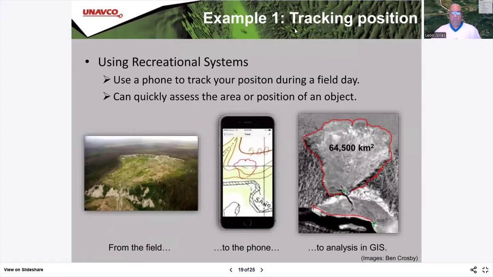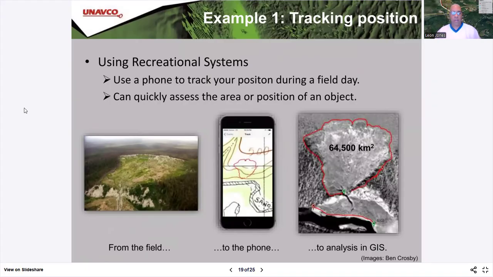Then again, tracking position using a recreational system. You can use a phone to track your position during a field day and quickly assess the area or position of an object.